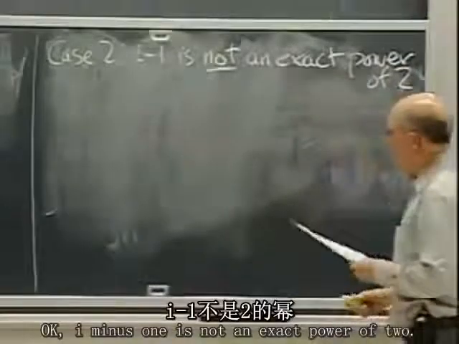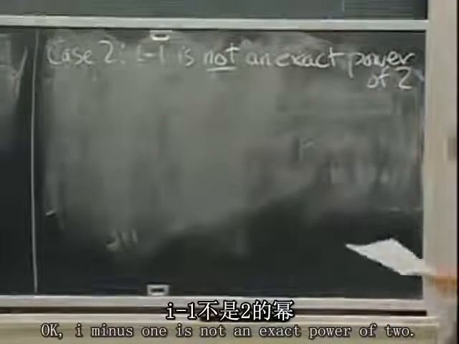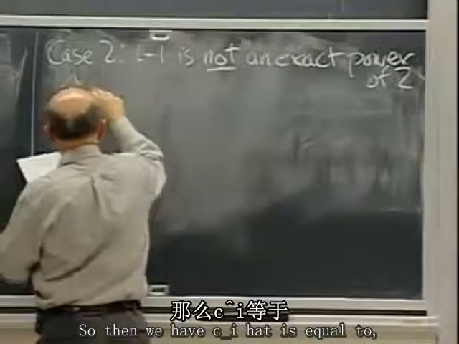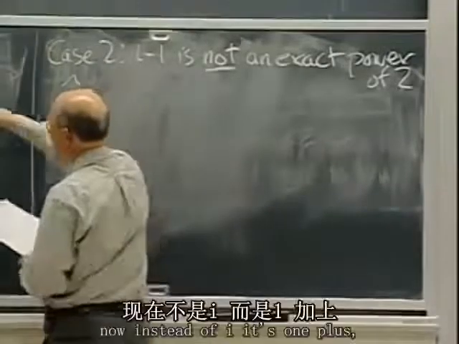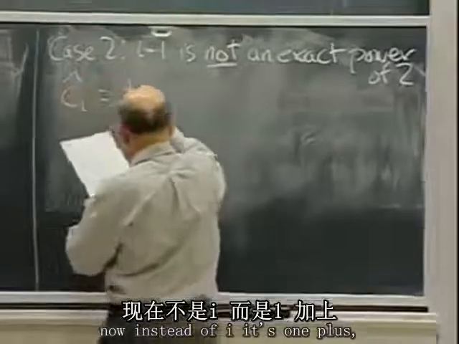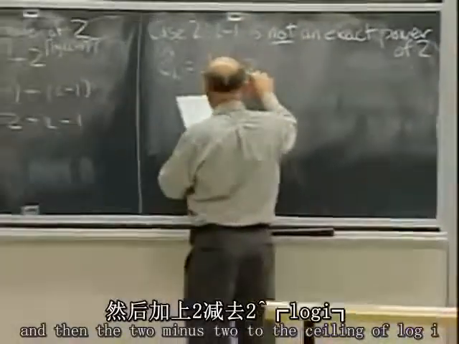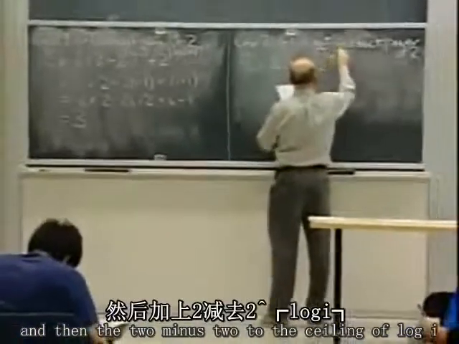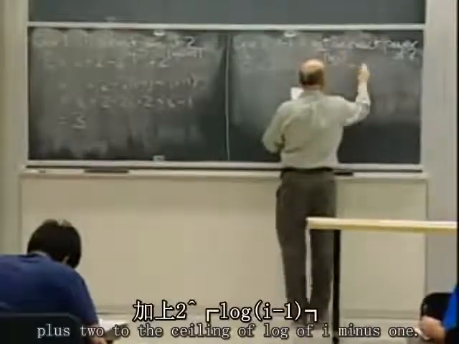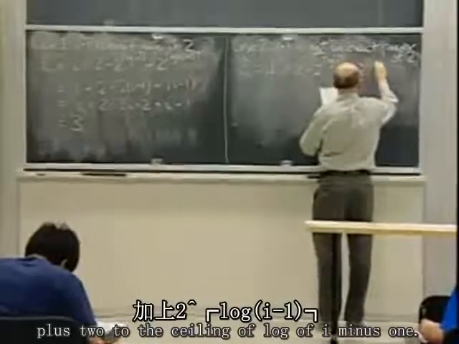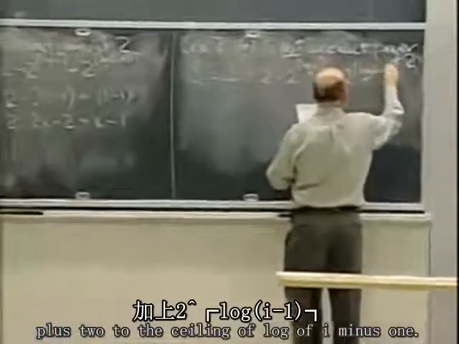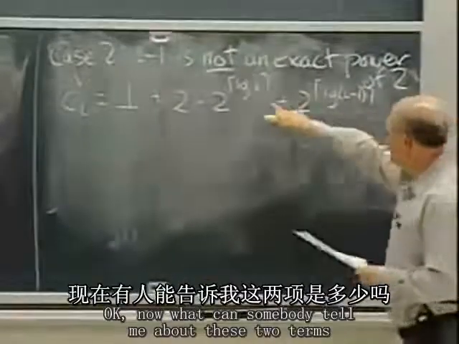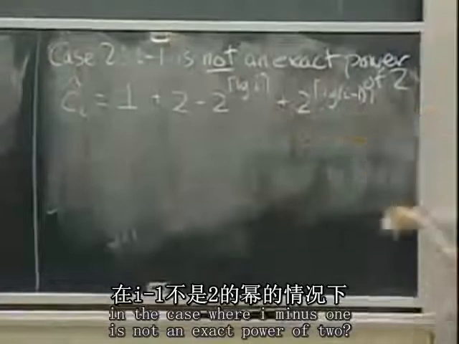Okay, I minus 1 is not an exact power of 2. So then we have C_i hat is equal to, now instead of I, it's 1, plus 2 minus 2 to the ceiling of log I, plus 2 to the ceiling of log of I minus 1. Now, what can somebody tell me about these two terms in the case where I minus 1 is not an exact power of 2?